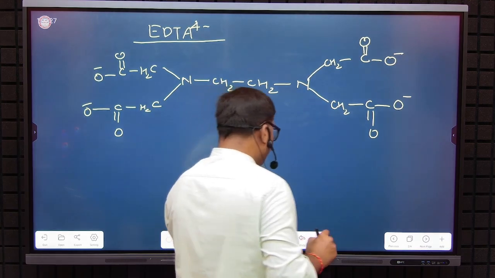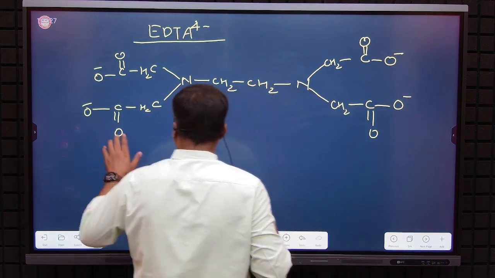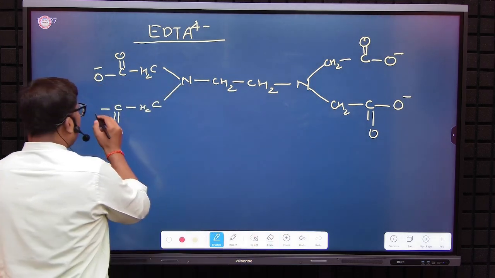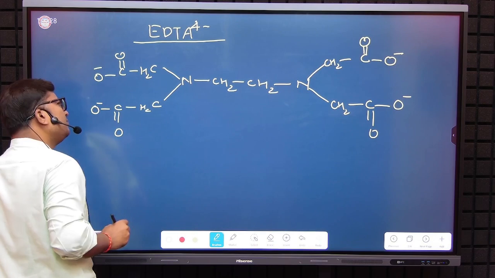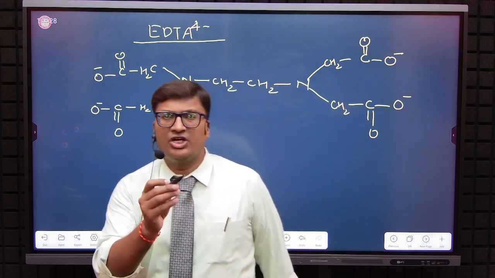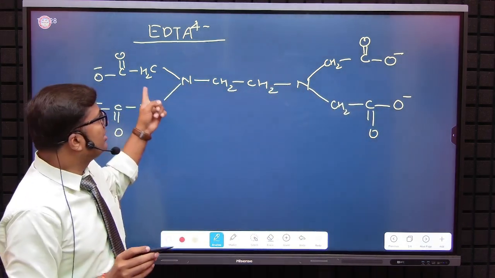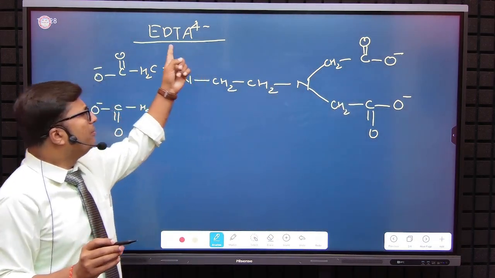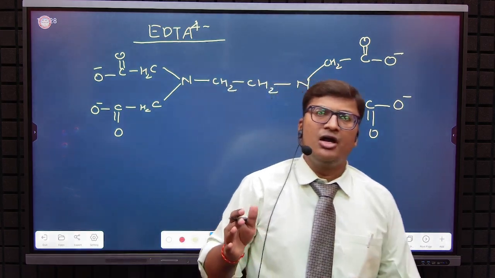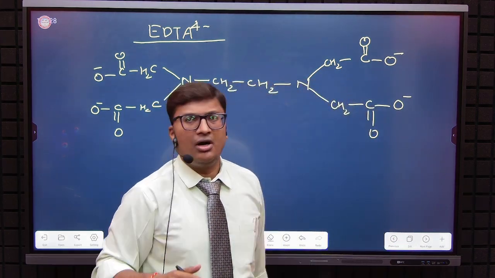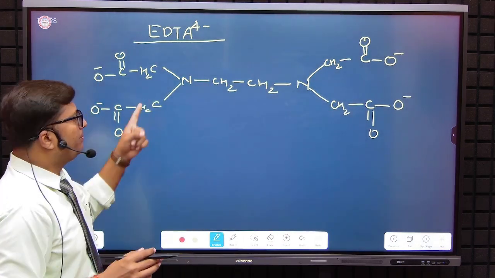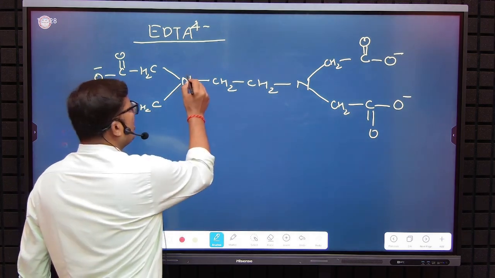So for the look of symmetry, we can just adjust the structure like that. So this is the final structure of this particular EDTA polyanion. So EDTA 4 minus is a highly negatively charged ligand because of the presence of 2 nitrogen donors, right?